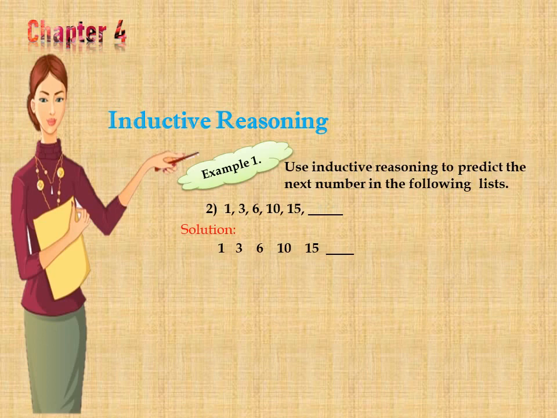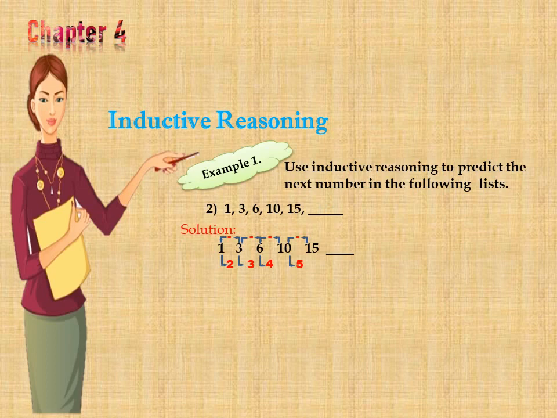We're going to look for a pattern. Take note that the difference between 1 and 3 is 2, the difference between 3 and 6 is 3, the difference between 6 and 10 is 4, and the difference between 10 and 15 is 5.